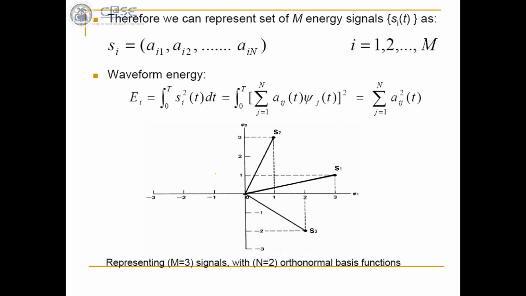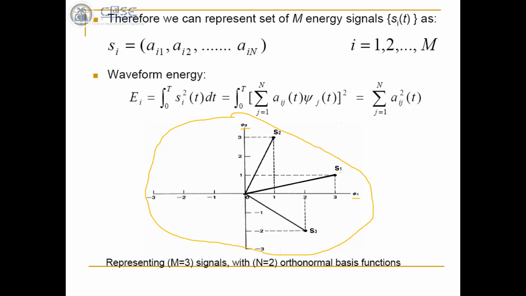How do you represent these signals in the end if you have calculated the basis functions for a given signal set? You use the constellation diagram. This picture there is having two basis functions, phi1 and phi2. Assume you have calculated these basis functions out of the GSO process, and you had three signals to represent using the basis functions.